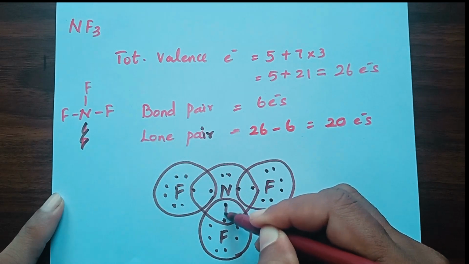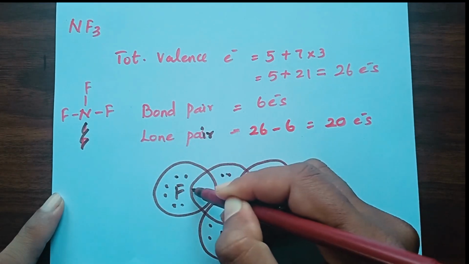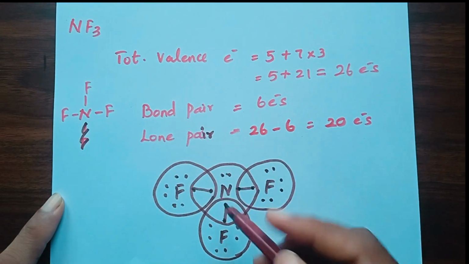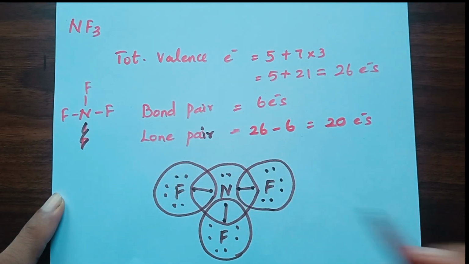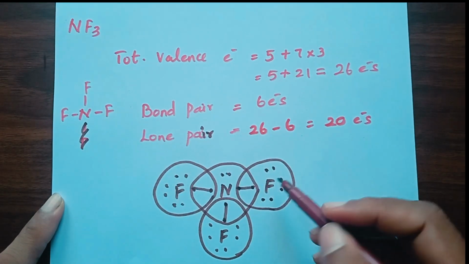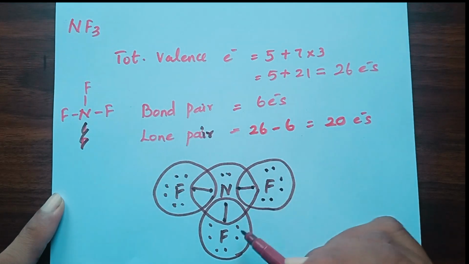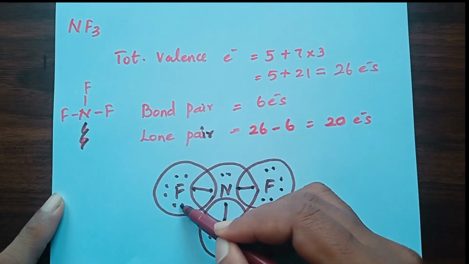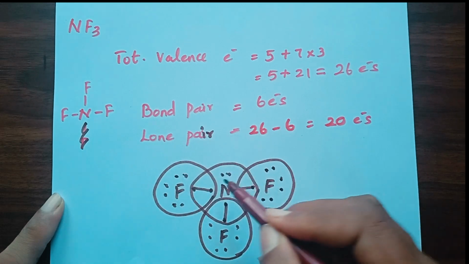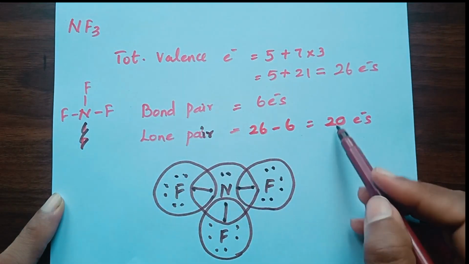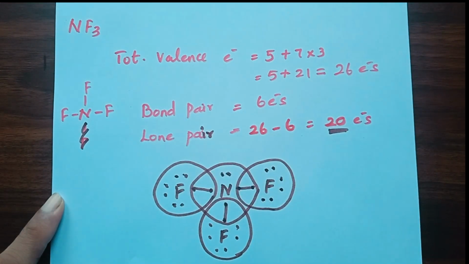These two electrons will form a single bond with fluorine. Now we count the number of lone pair electrons: 1, 2, 3, up to 20. So totally 20 lone pair electrons for NF3.